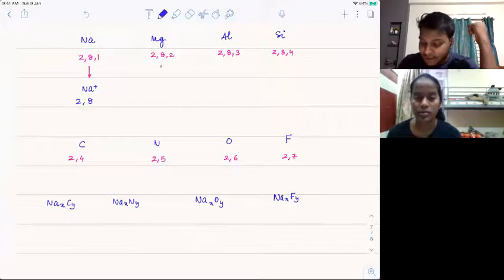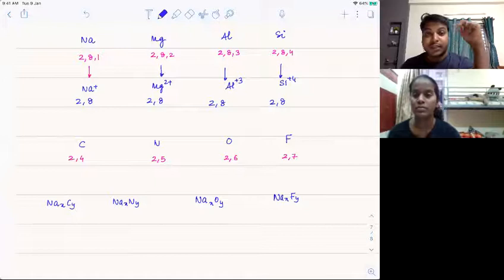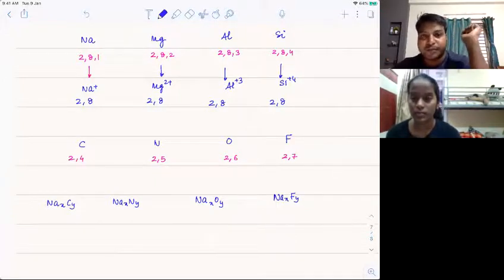Magnesium will become Mg2 plus if it loses 2 electrons. Aluminium can become Al plus 3 if it loses 3 electrons. Silicon can become Si plus 4 if it loses 4 electrons. These are the ions sodium, magnesium, aluminium, silicon can form. Are you getting this?